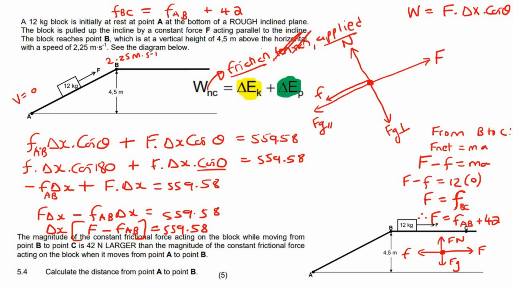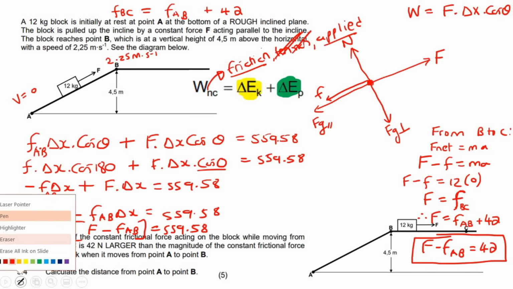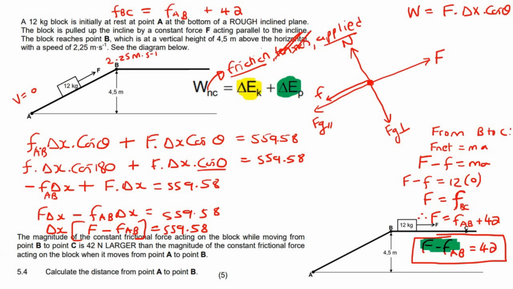So check this out. I'm now going to take this FAB to the other side, so you end up with F minus FAB equals 42. Now, this is crazy. I've never seen something like this before. This part is this part, so I can replace it with 42. So we actually just got rid of two variables over there.